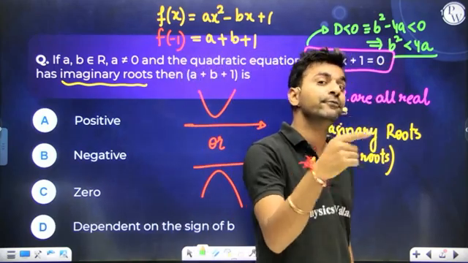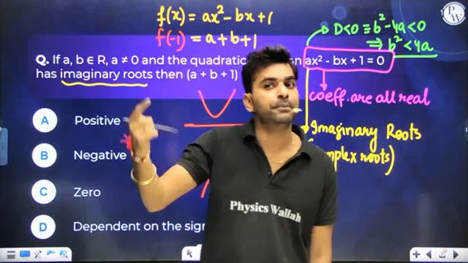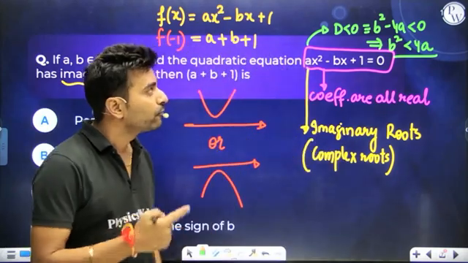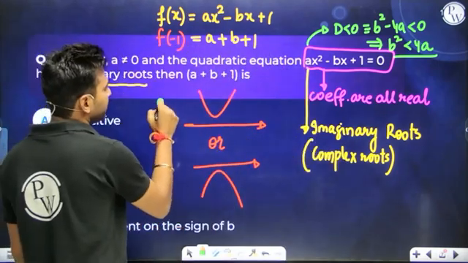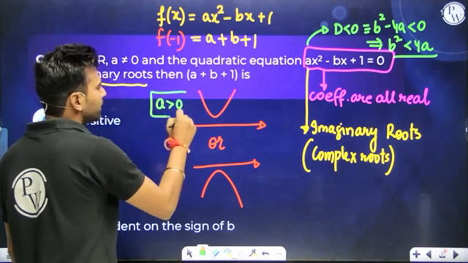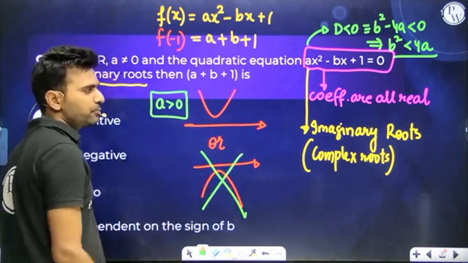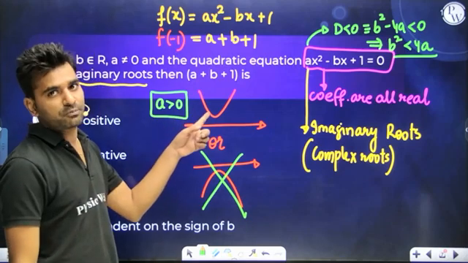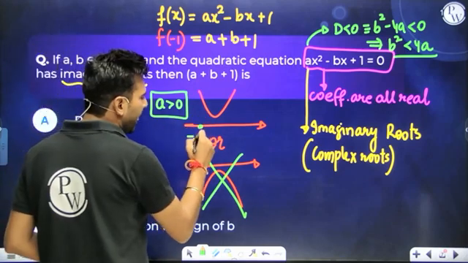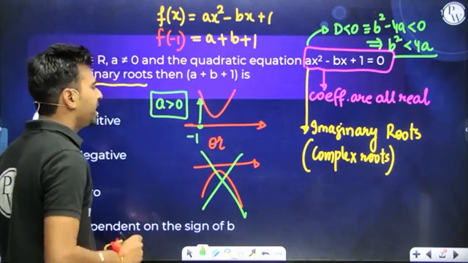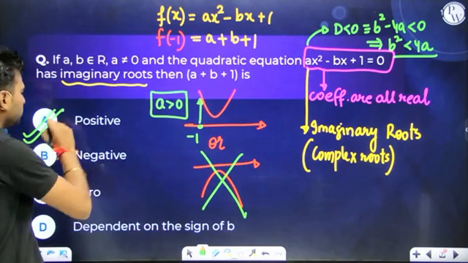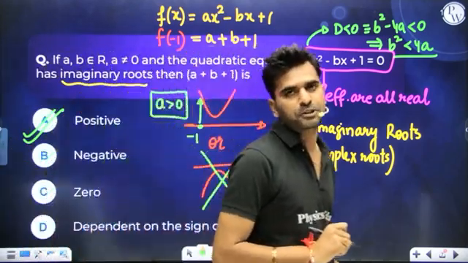It should be less than 4a, means 4a has to be a positive number. If 4a is a positive number, then that means a has to be positive. So in this particular question, a has to be greater than 0, means this graph is not possible. And if this graph is possible, f of minus 1 has to be positive or negative? It has to be positive only. So that's why the answer is going to be option A.